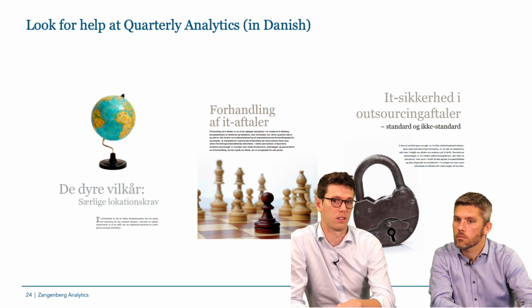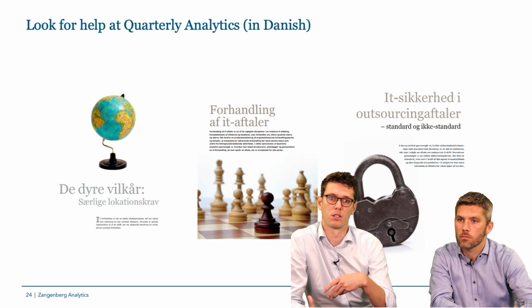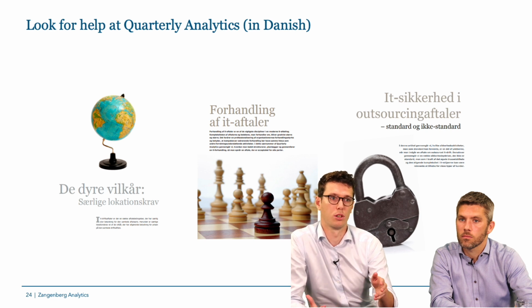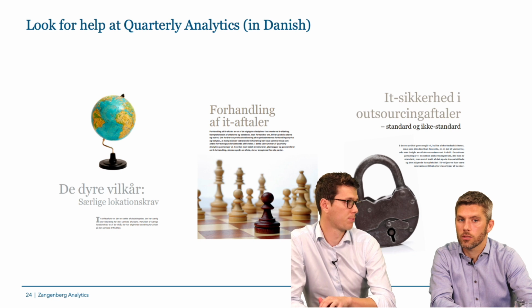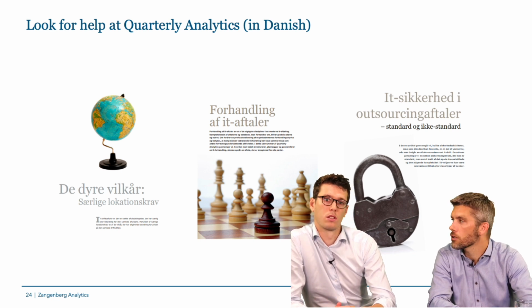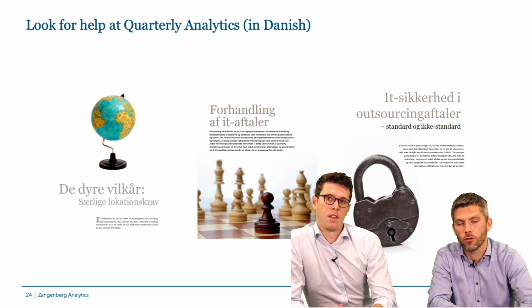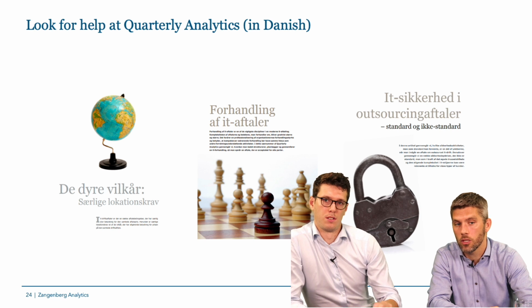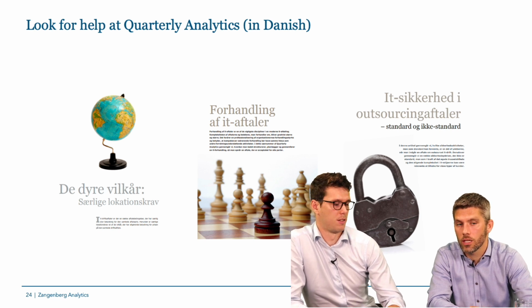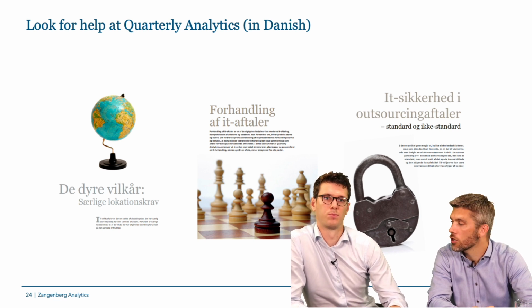This could be around the contractual terms impacting price or the IT security services you can include, or simply a negotiation guide for when you are sitting across from the vendor. Yeah, there's a lot of good reading material there if you are entering into an ITO agreement. A lot of what we said, but also other perspectives on it.